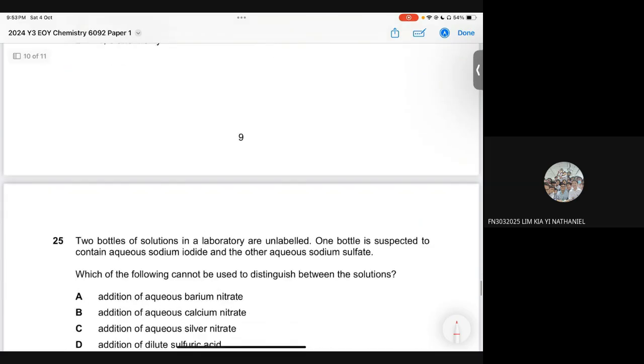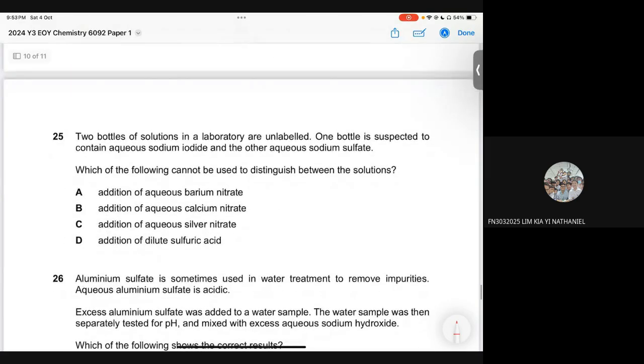Okay, next one. Question 25. 2 bottles of solution in the lab are unlabeled. 1 bottle is suspected to contain sodium iodide, the other contains sodium sulfate. So if you look at these two, it's the iodide and the sulfate that's different. So I'm comparing I- versus SO4 2-.